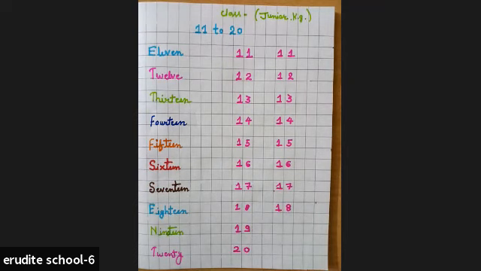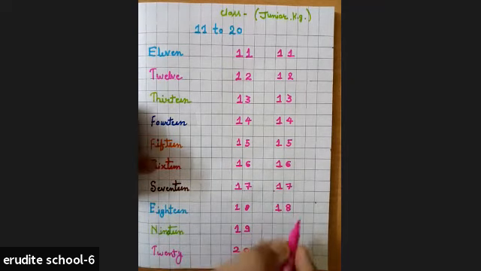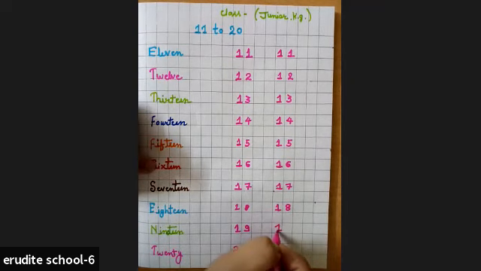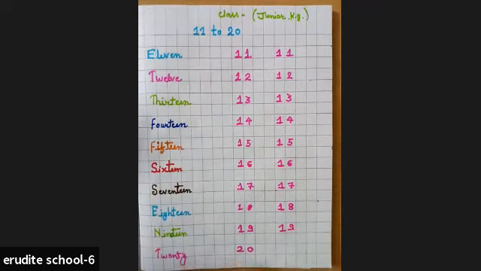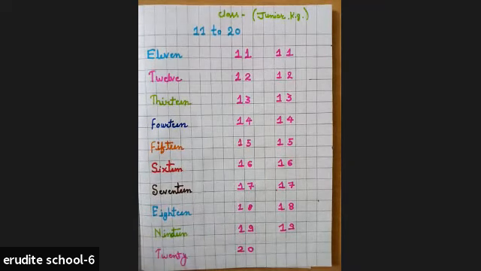You also write in your notebook, everyone. 19. 1 and 9. 1 9 19. Okay. And now spelling of 19. Speak with me, everyone. Everyone has to speak with me.